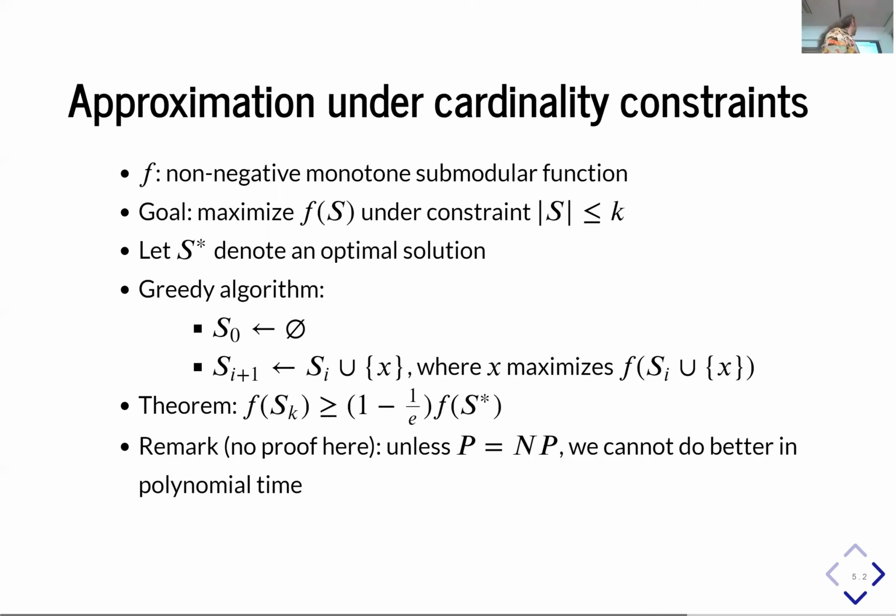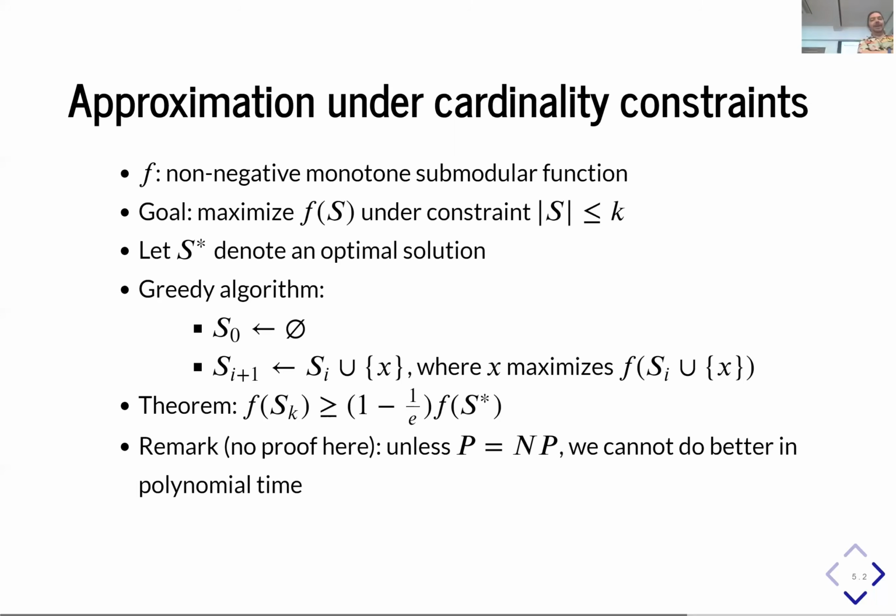Now consider the following algorithm. Start with the empty set. Find the element with a maximal marginal profit and add it to your solution. Start again: search for the element with a maximal marginal profit, add it to your solution, etc., up to having k elements in your proposal set. And this is the value that you propose, S_k.